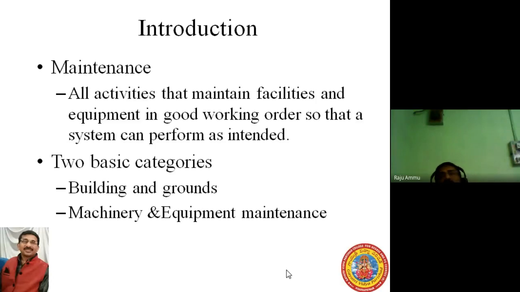When you're talking about maintenance management, it also involves maintenance planning, maintenance scheduling, and execution of maintenance activities. Now, what do we mean by maintenance activities, friends?